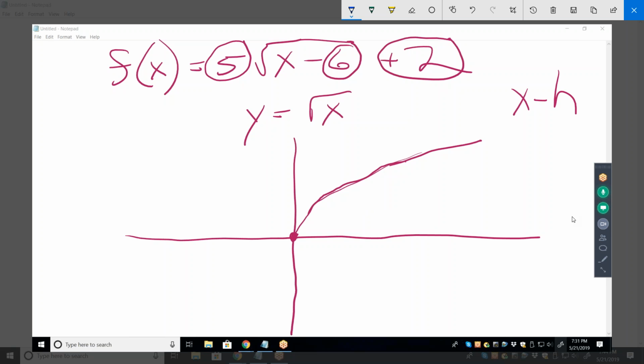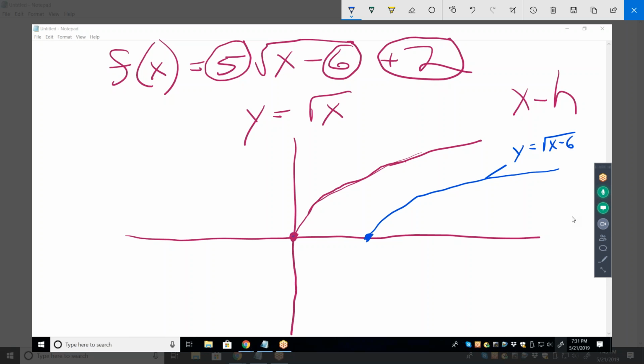In other words, it's always the opposite direction of what you would think it would be. Because that looks like it would be to the left because of the negative sign. But it's to the right, so I'm going to take the only point I know for sure, and I'm going to shift it. So this function right here is y equals root x minus 6.